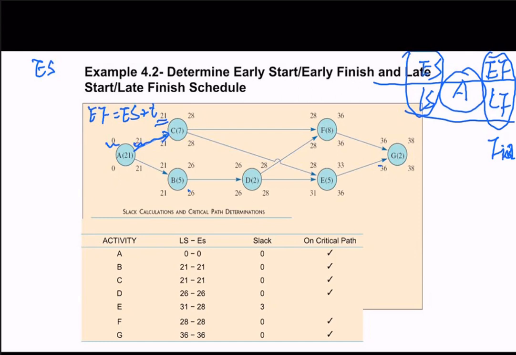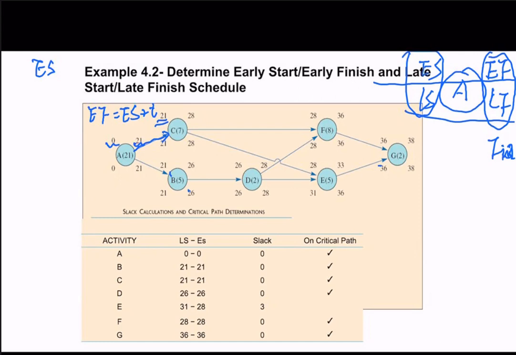So the EF for A will be the ES for C and B. So 21 here, 21 here, and the early finish time will be 21 plus 7, 28, and 21 plus 5, 26 as the EF for B.